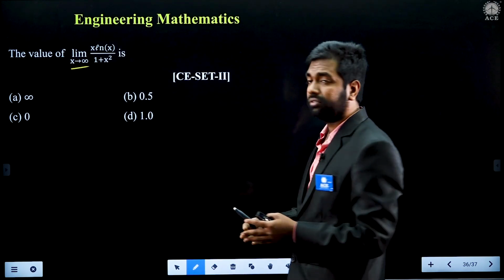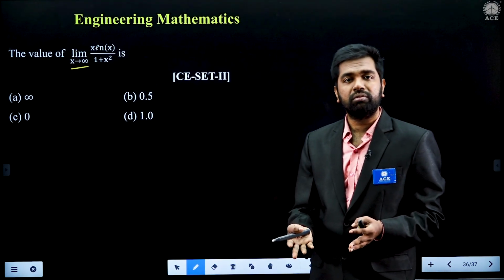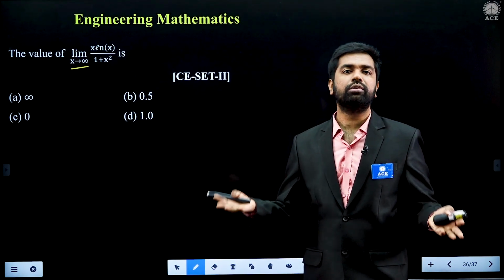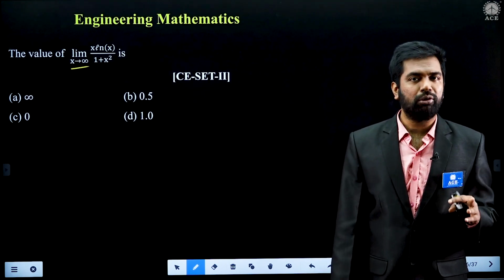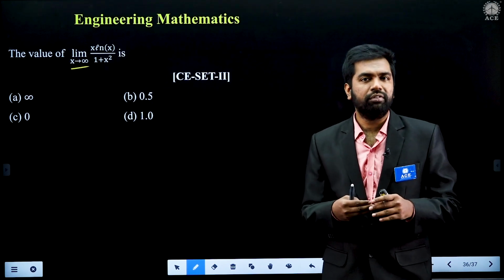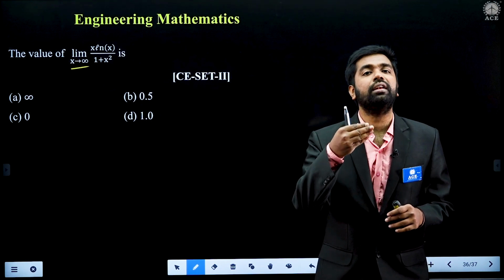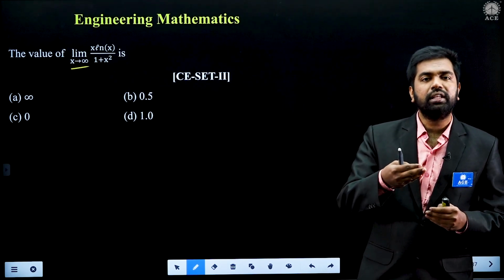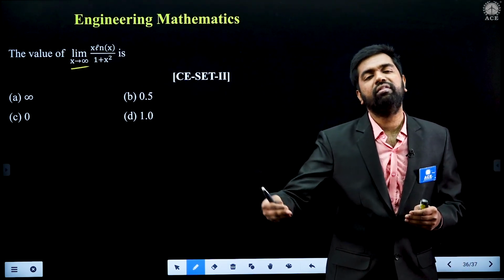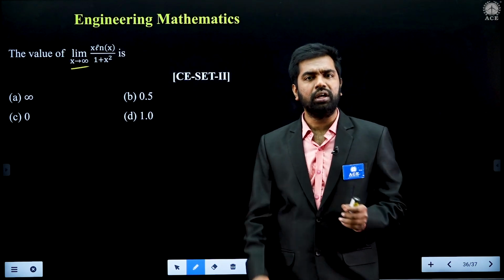Log infinity is infinity. 1 plus x square, that is 1 plus infinity square, is also infinity. So this gives you infinity by infinity form. If it is infinity by infinity form, you can use L'Hospital rule. What is L'Hospital rule? Take the derivative of the numerator, derivative of the denominator, and then substitute the limit.